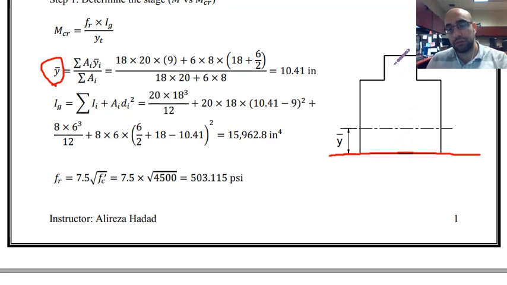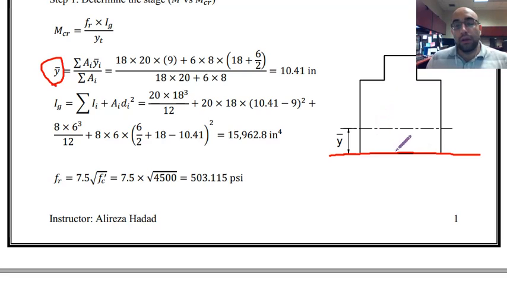You can consider it at any other point in the figure, but you have to just make sure you calculate all the distances from that origin or reference line or reference point in cases where you need to find the two coordinates of the center point. In this case, in one direction, we can see the shape is symmetric. Just in the vertical direction, we can see it is not symmetric. That's why we need to find the centroid.